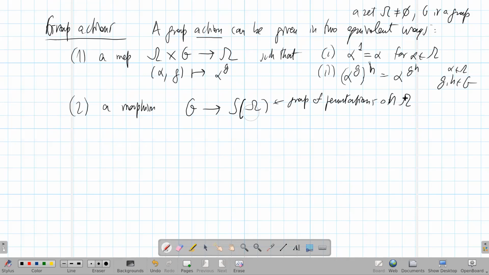And this is important since I have right actions. You see, if I apply to alpha the product GH, this is the right action because it's G that acts first and then H, whereas function composition, say in analysis, is usually done the other way. So group permutations on omega with the left to right composition.